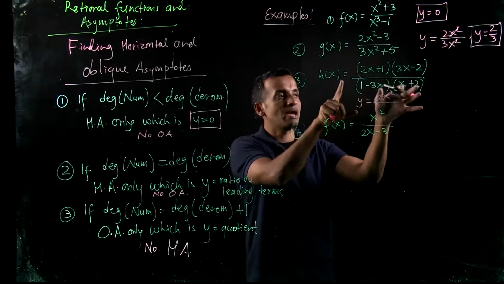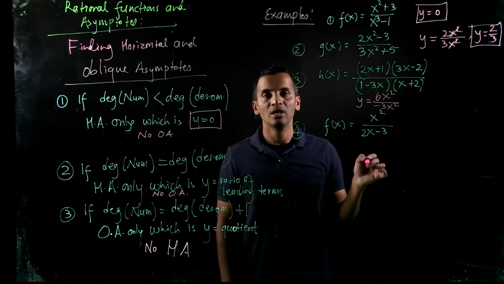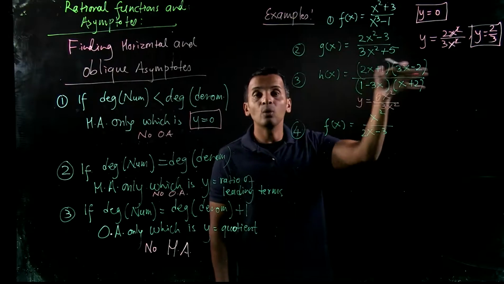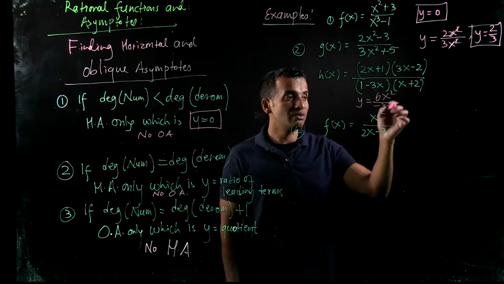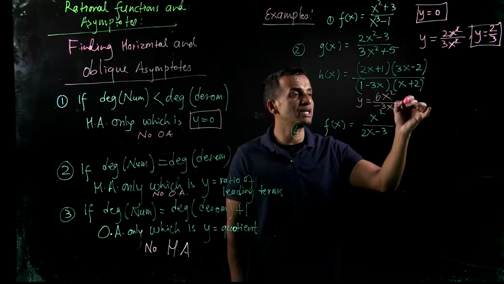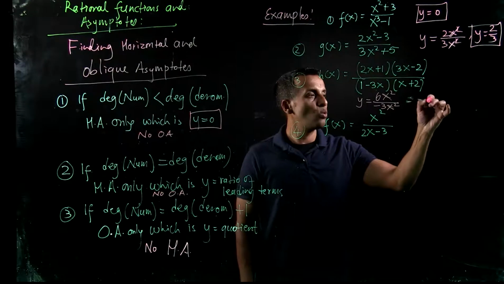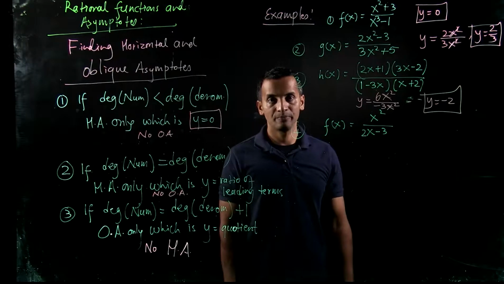That will be the highest degree term after you FOIL it. Negative 3x squared will be the leading term. You can FOIL one by one and see that the highest degree terms are those terms. After you cancel, you get 6 over negative 3, which is negative 2. So y equals negative 2 is the horizontal asymptote.